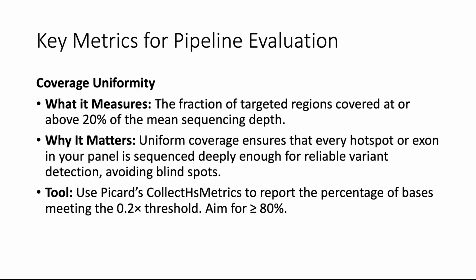So talking about how well our pipeline is working, we need to analyze its coverage. It will be the fraction of targeted regions covered at above 20% of the mean sequencing depth. So it will ensure that every hotspot or exon in our panel is sequenced deeply enough for reliable variant detection, avoiding blind spots.